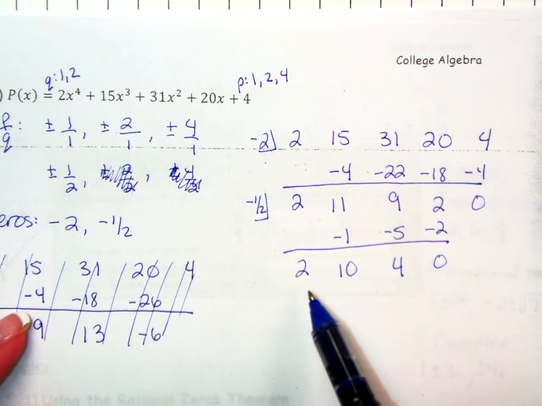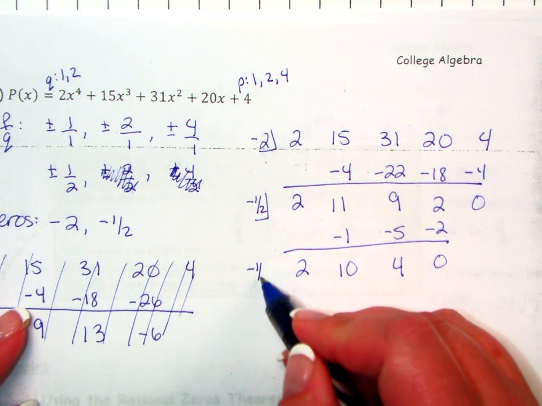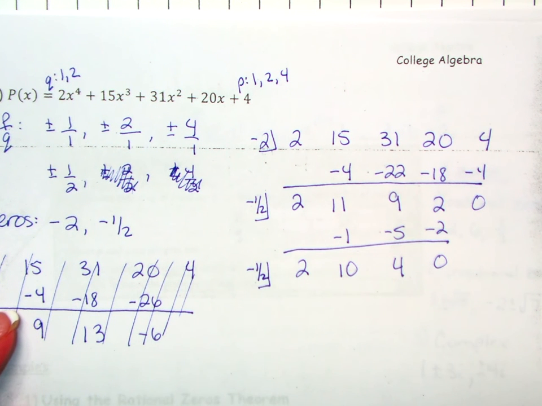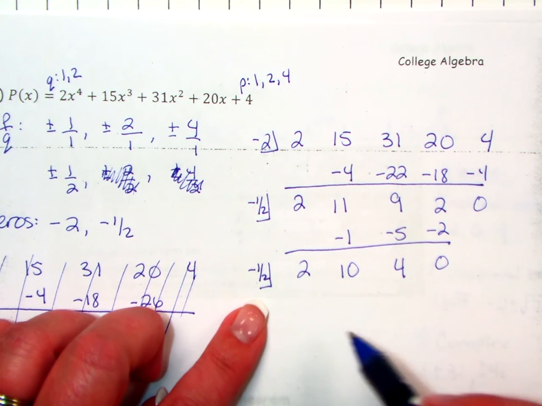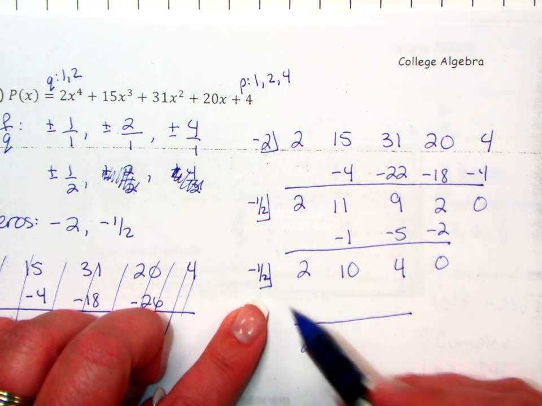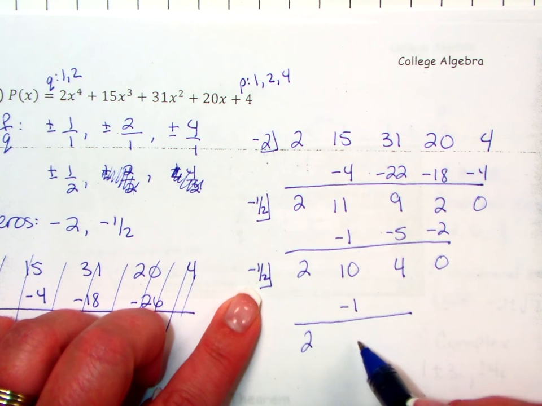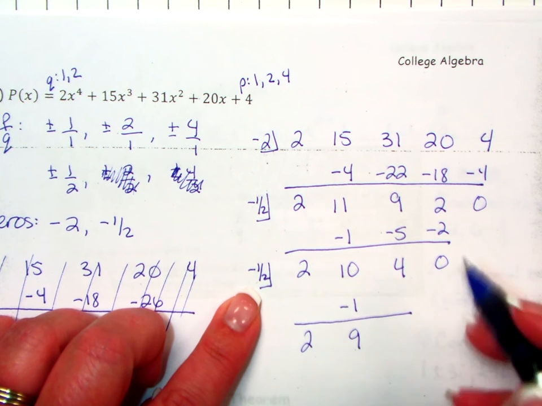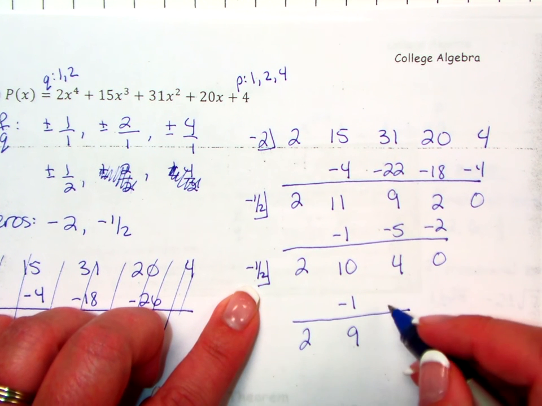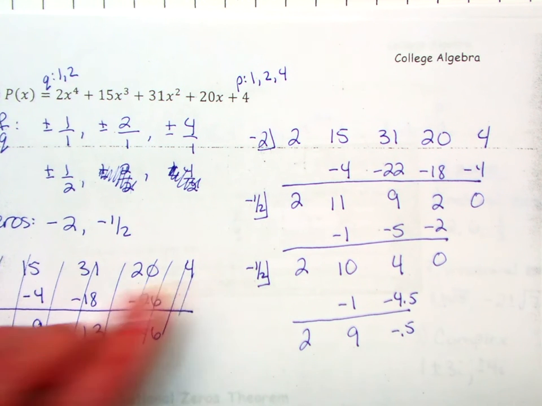And I know I can do the factors at this point, but I'm really curious to see if -1/2 is a 0 again, right? To see if it truly touched the x-axis. So let's add down. -1/2 times 2 is -1. Add down. -1/2 times 9 is -4.5. So see how we don't get a 0 remainder?